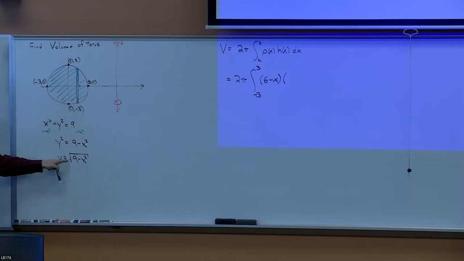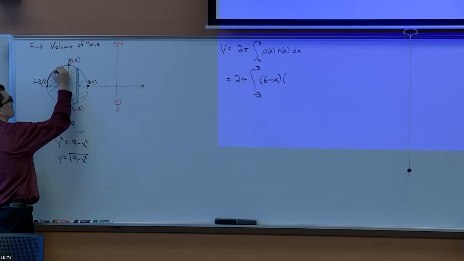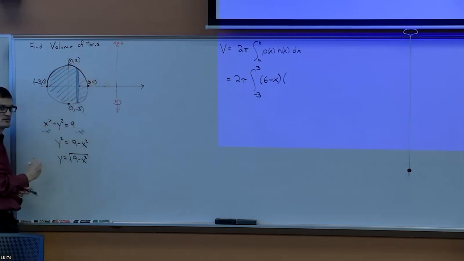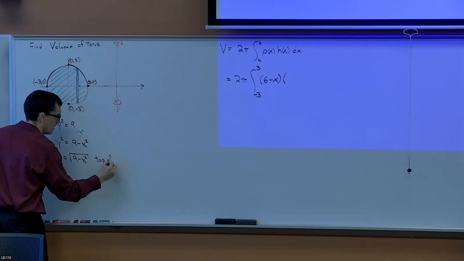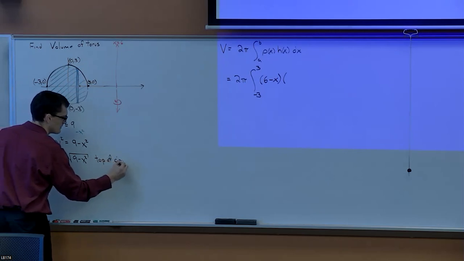Well, this is a positive y value. So all of the y values which are positive means that's the top of the circle. The positive square root is the top of the circle.